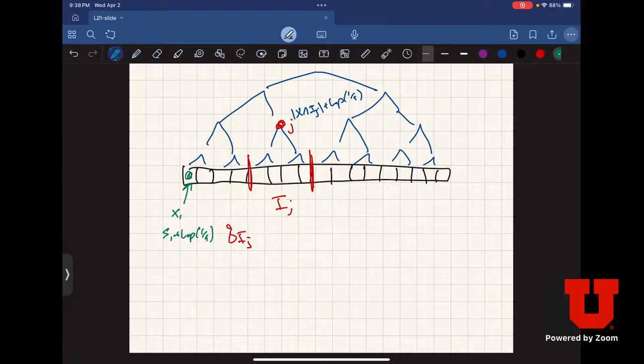So the total number of these things is actually linear, because the number of nodes in a binary tree is linear in n. It's actually 2n minus 1, right? So I'm storing each of these things. And what you can argue is that any interval in this tree, I can compose as a combination of a number of these subtree intervals, right?